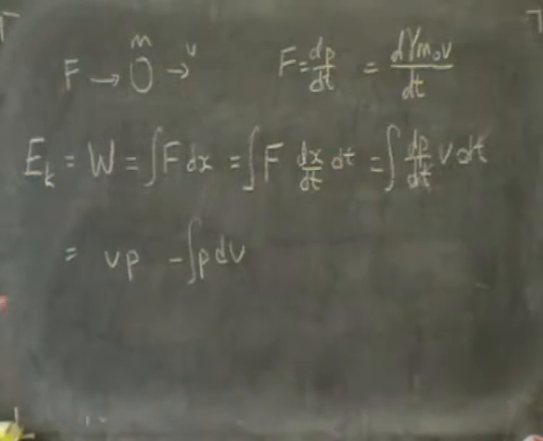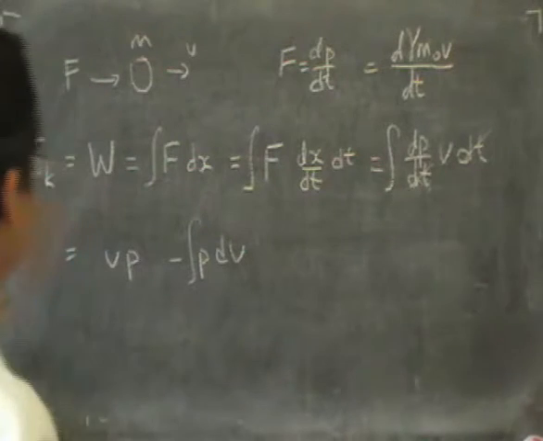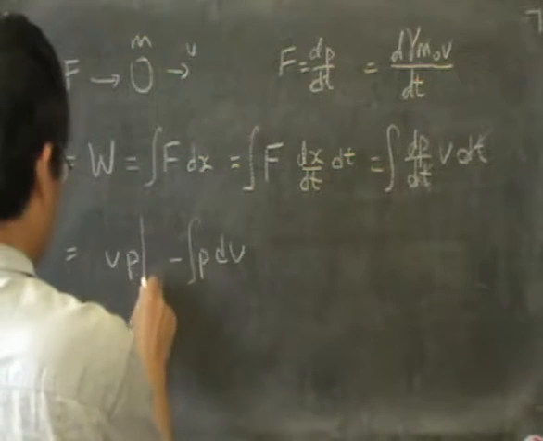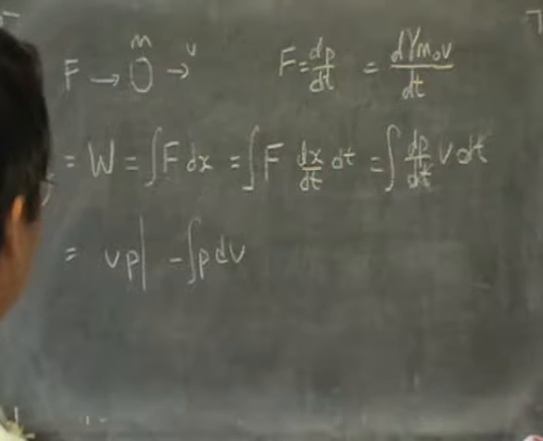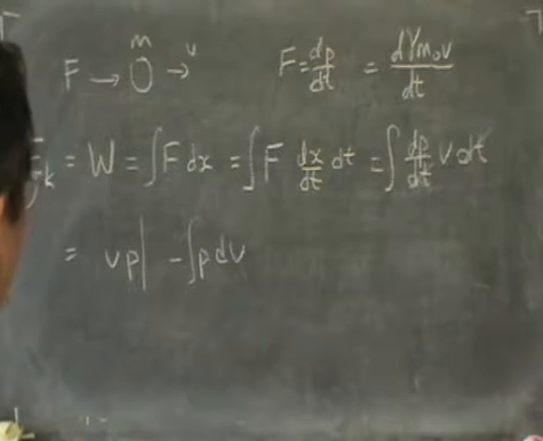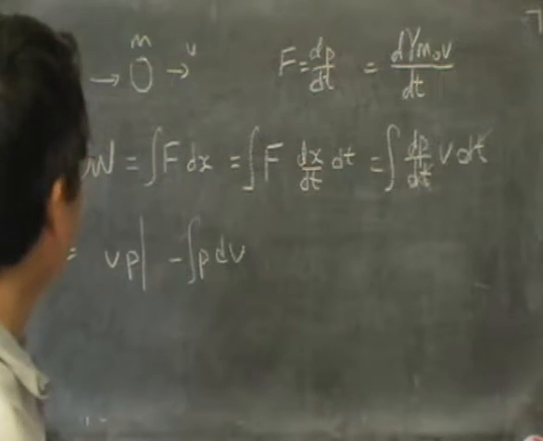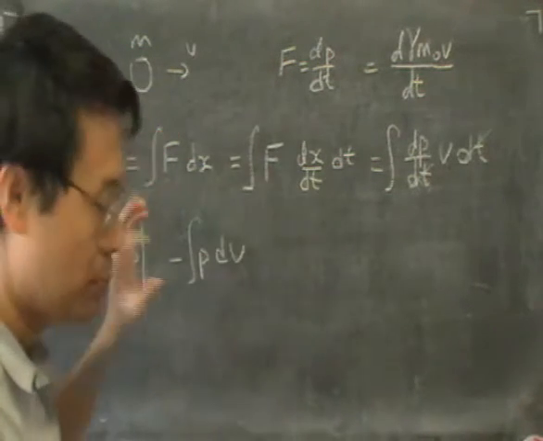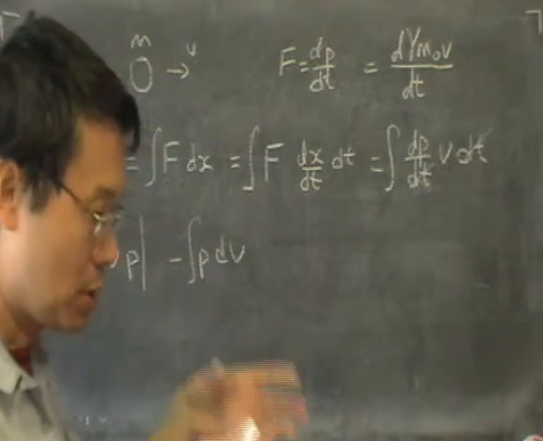Now at this point we need to think about the limits. There's a bar that we need to draw there. Now let's think about the motion. I'm interested in just finding purely the kinetic energy, so I will start the motion with the body at rest.